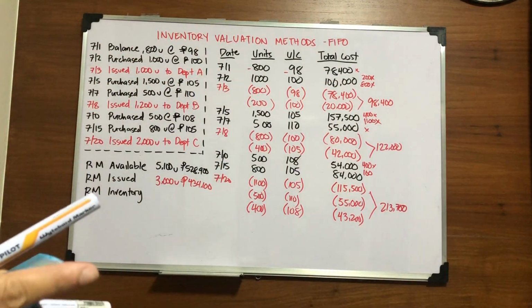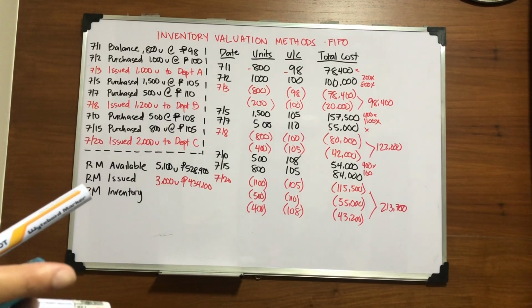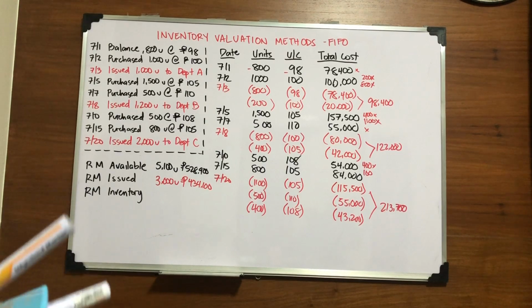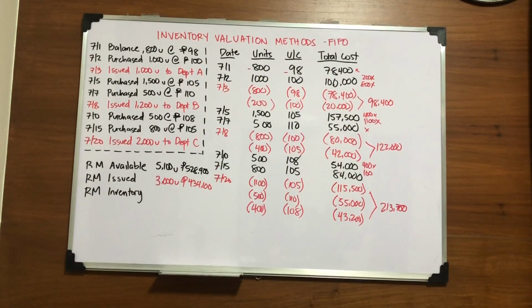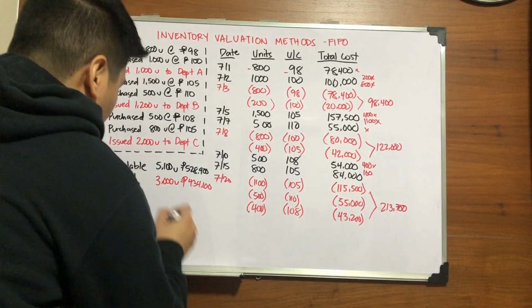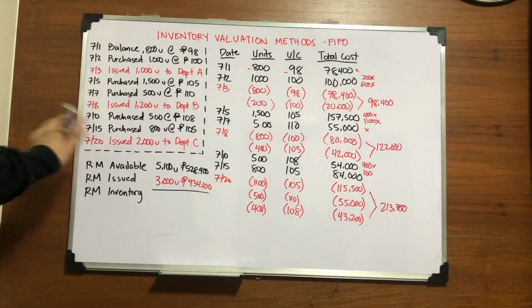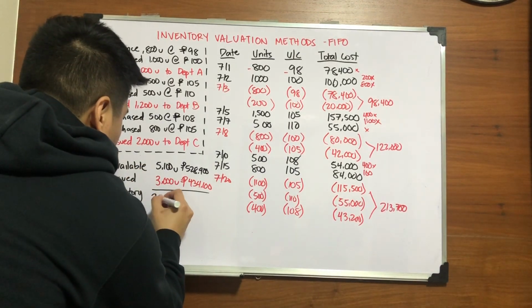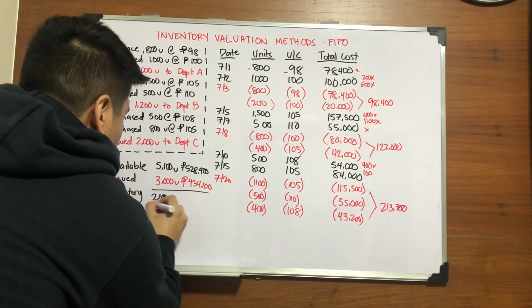You just subtract your available with your issued, and you'll be getting your raw materials inventory ending. So 5,100 units less 3,000 used, you would be getting 2,100 units.